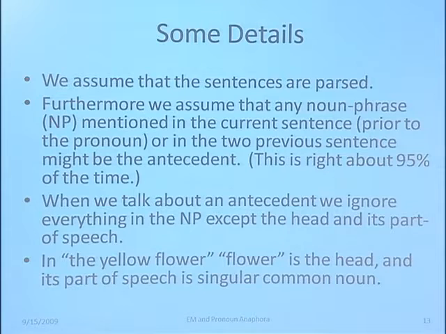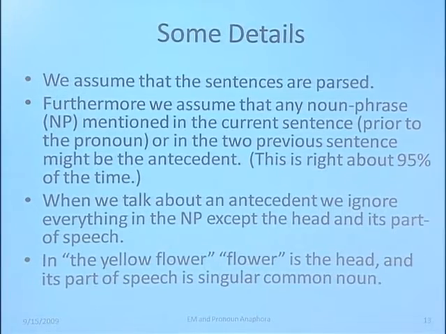In fact, there's only about a 0.5% difference between the two, so it's not a big deal, but just to qualify it. I'm going to assume that any noun phrase that is the antecedent has to be either in the current sentence or two sentences back. This is just a hard constraint built in. It's right about 95% of the time.